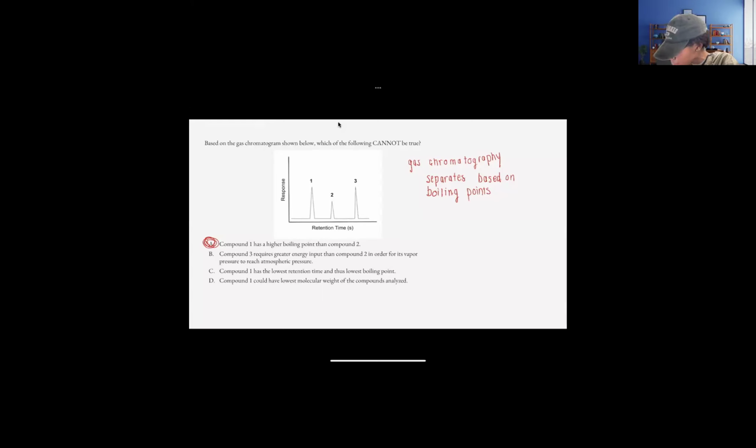So since C says compound 1 has the lowest retention time and thus the lowest boiling point, we can rule that out because that's true. And I actually got ahead of myself. In our question stem, we have a word that is the absolute most important word whenever you see it. What is that word?